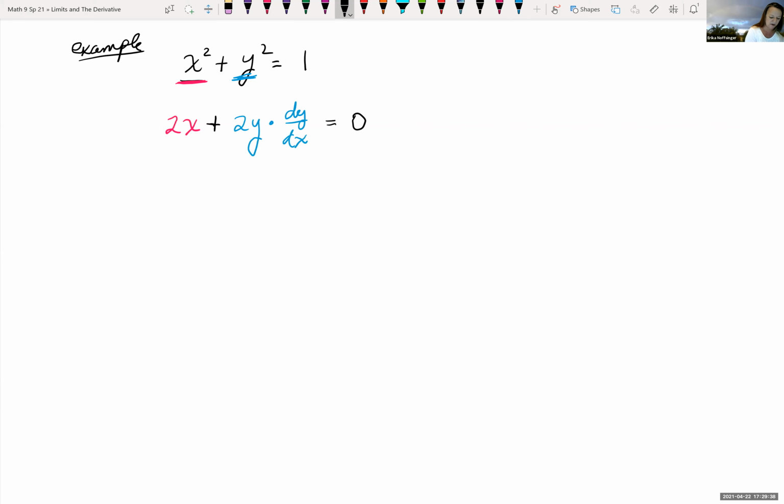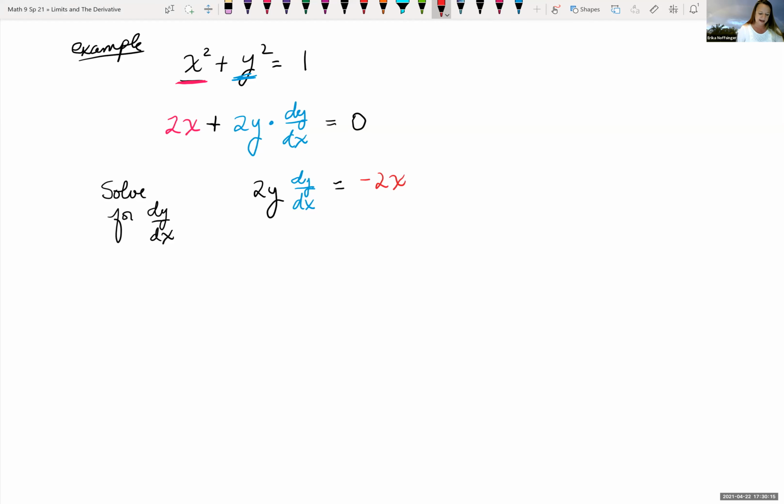So once we've done that, we're going to solve for dy dx. So we want to get the term with dy dx by itself. So let's leave that 2y dy dx on the one side, is equal to, I'll subtract 2x on both sides, so minus 2x.